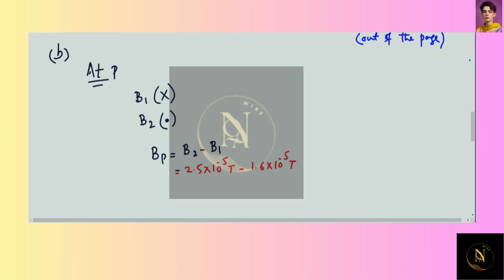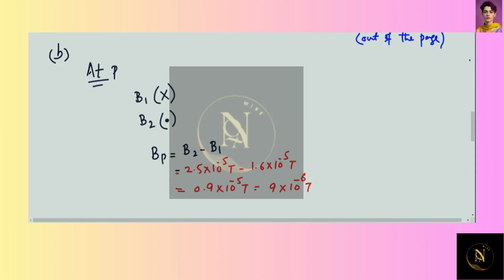This gives us the magnetic field at point P equal to 0.9 times 10 to the power minus 5 Tesla, or we can write this as 9 times 10 to the power minus 6 Tesla.